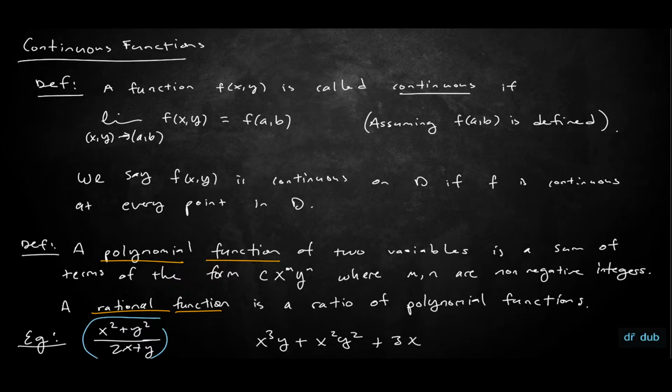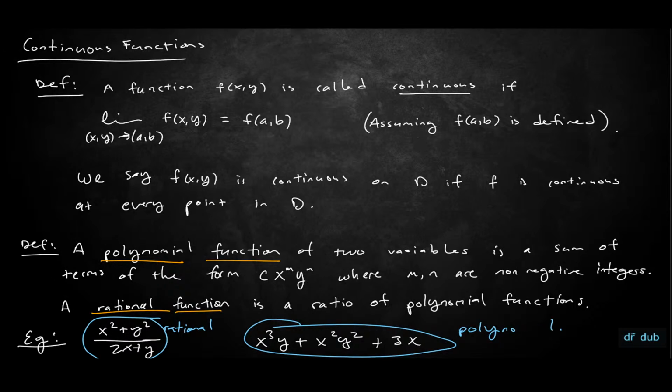So this right here would be rational. This right here would be polynomial. So when we have multivariable functions, say polynomial and rational, we have to kind of redefine them a little bit.